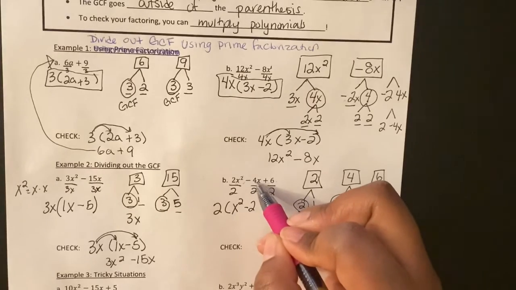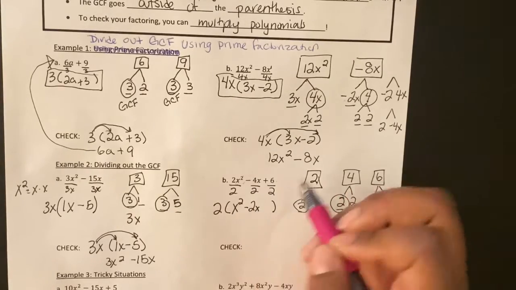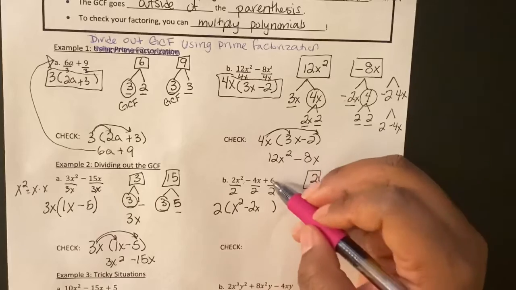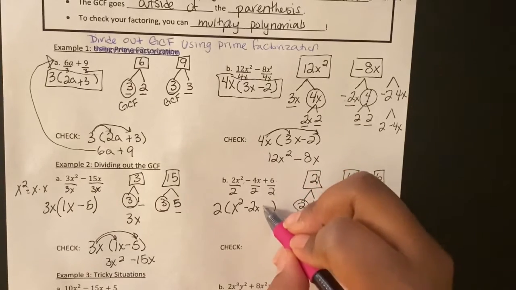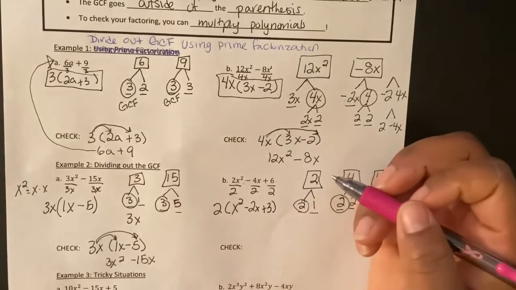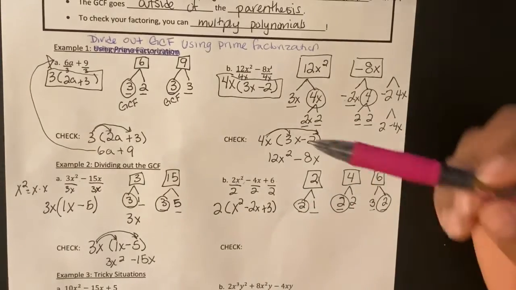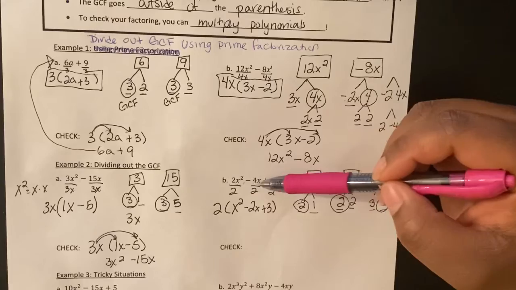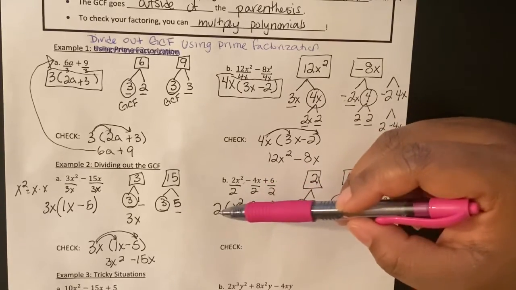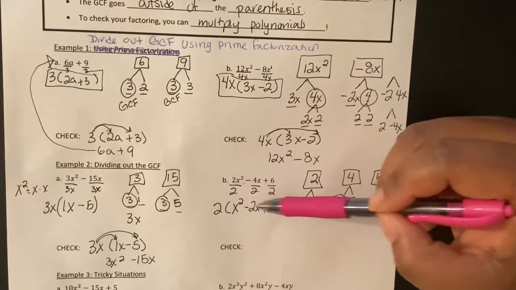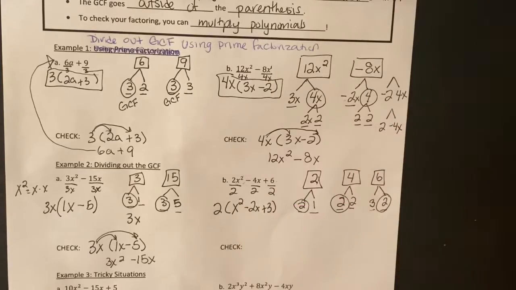I don't have anything dividing the x, so x is what's left. So it's negative 2x. And last but not least, positive 6 divided by 2 is positive 3. So basically, you divided everything in this original polynomial by the GCF to figure out what you have left. Put your GCF on the outside of parentheses. What you have left when you divide goes on the inside of parentheses.